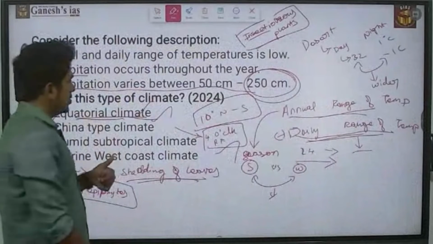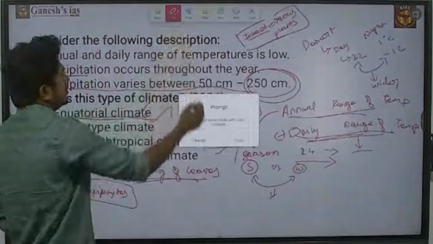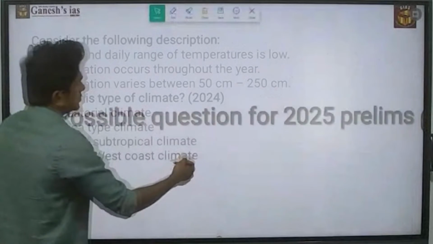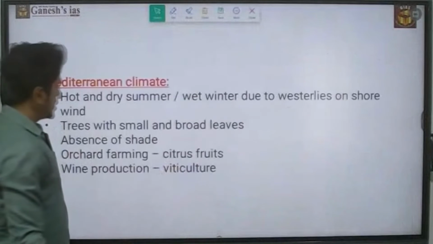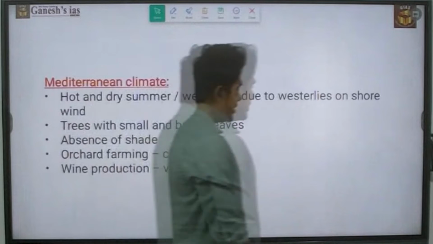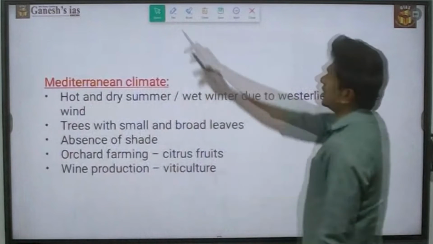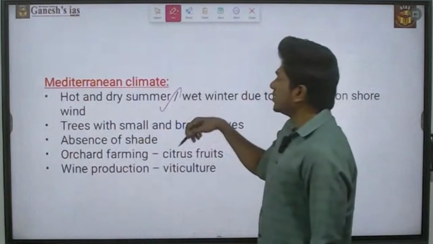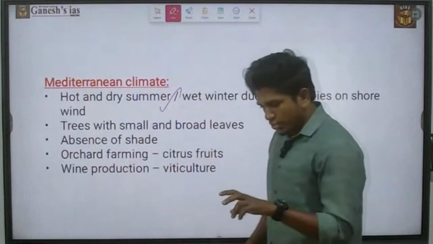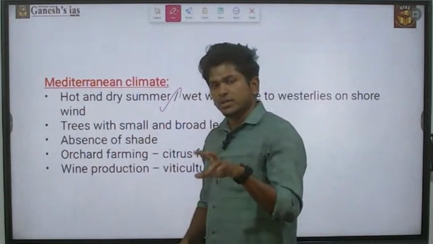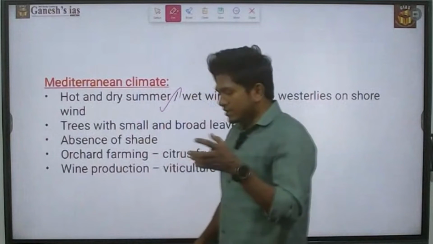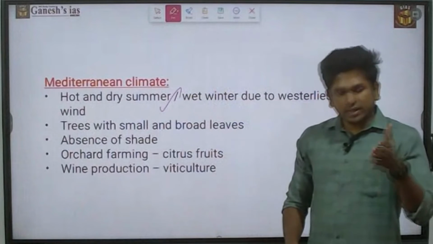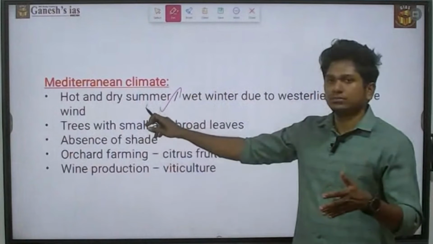Other than that, some other climates with unique features are, first, the Mediterranean climate. When it comes to the Mediterranean climate, it is a hot and dry summer. In most of the climates, the rainfall will be in the summer time.